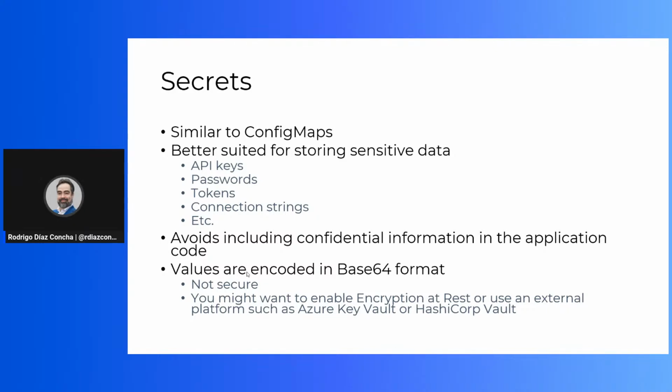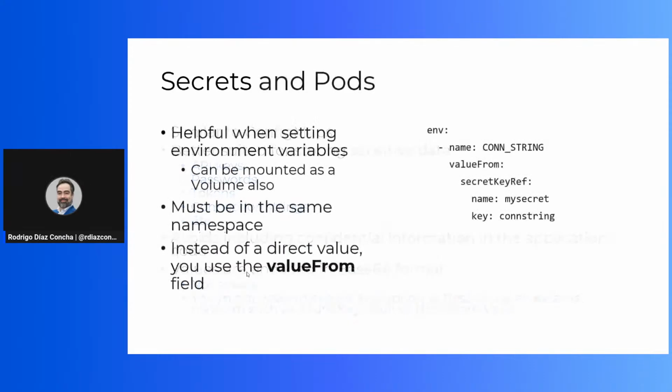If you want to make them super secure, maybe you want to use something like Azure Key Vault or HashiCorp Vault or something else for encrypting your data at rest, okay? Because those values out of the box are just encoded in base 64 format.